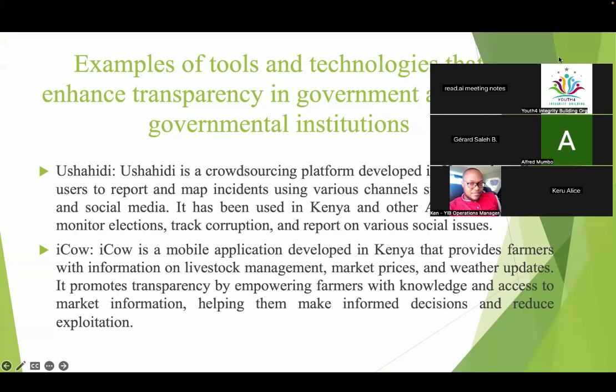It promotes transparency by empowering farmers with knowledge and access to market information, helping them make informed decisions and reduce exploitation. Those are two of the tools used in Kenya. Okay, thank you. Next slide.